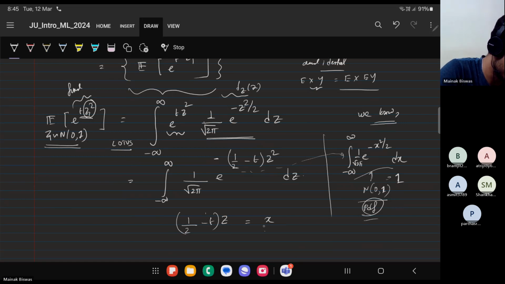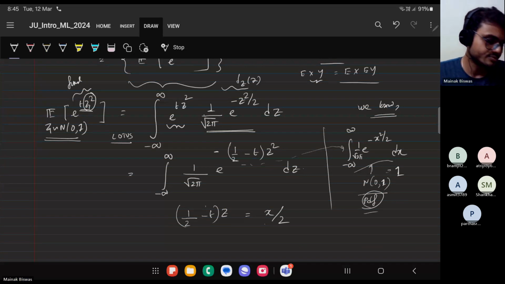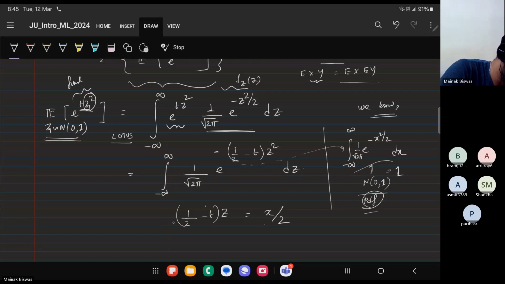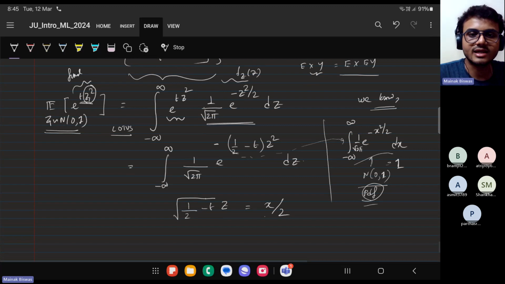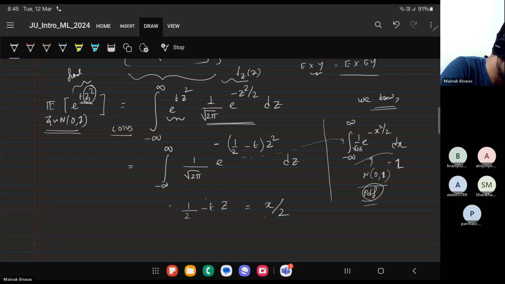How will I convert this? I will take this to x by 2. This is what you're saying. So if I square both sides, I'll get a numerator of z square. Am I doing it correctly though?